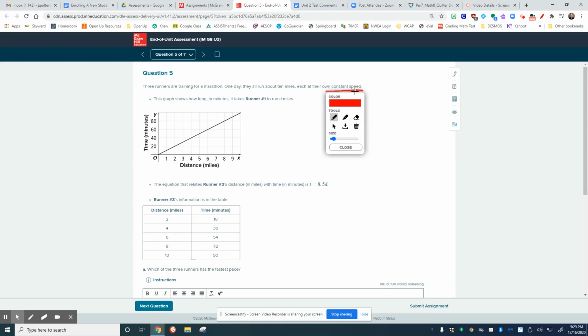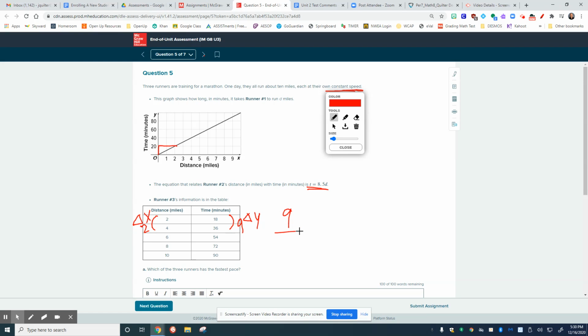And then we have to find that constant speed by finding the slope in each of these values. Remember, slope on the table can be found as the change in y divided by the change in x. So when we look at this one, the change in y is increasing by 18, and the change in x is increasing by 2.